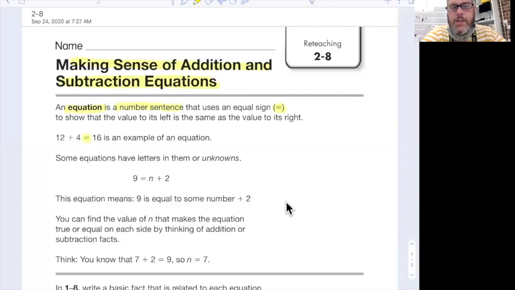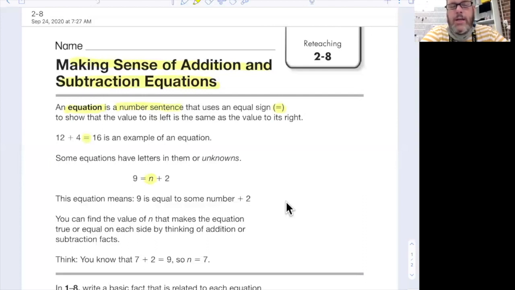Some equations have letters in them or unknowns. So if you see something like this and it has a letter in it, it means that number, and the word number starts with the letter N, a lowercase n, and it could be any letter, but right now it's a lowercase n, lets you know that we don't know what that number is.